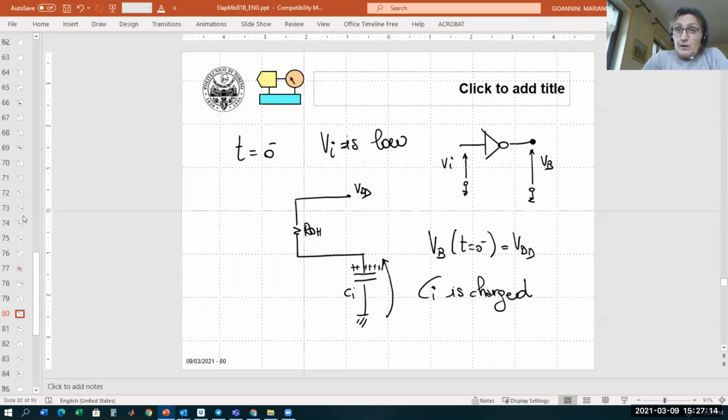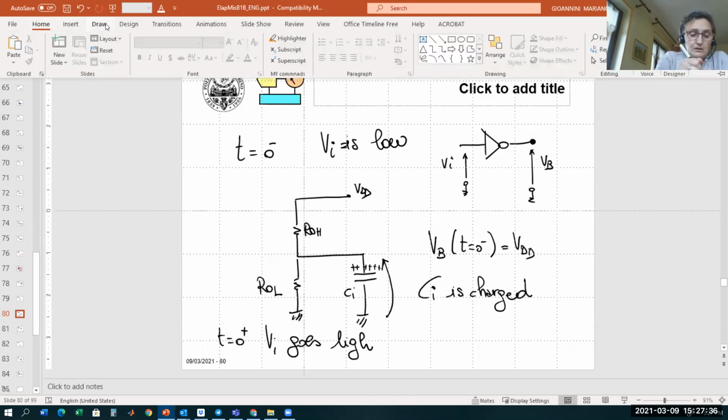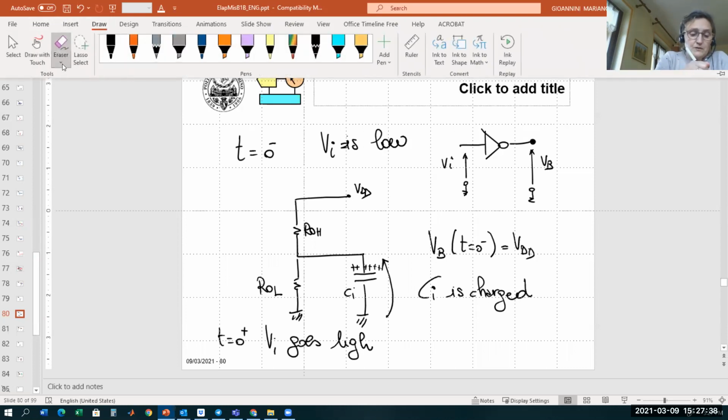So what happens now? At T equals 0 plus, V input goes high, and so we make the PMOS on, so we switch on the connection to ground, and we make the NMOS off.